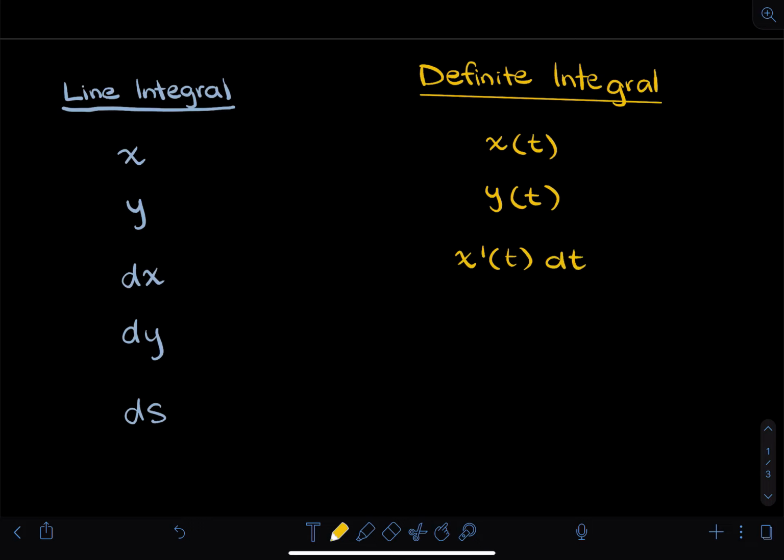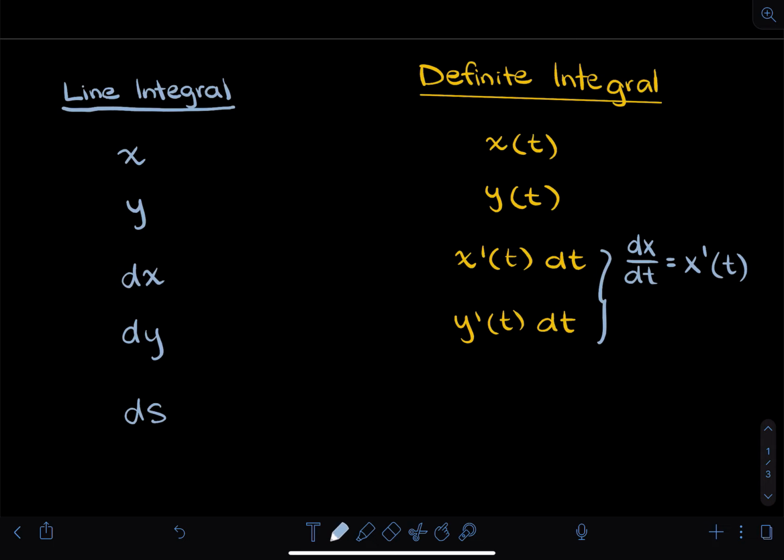Now this might seem a little bit confusing what we're doing here, but I'll show you in a second why it makes a lot of sense. Similarly for dy, we're going to say y prime of t dt. And so why does this make sense? Well, let's consider this. If I just gave you dx dt, we know that that's essentially meaning some function x, we're taking the derivative of it with respect to t.